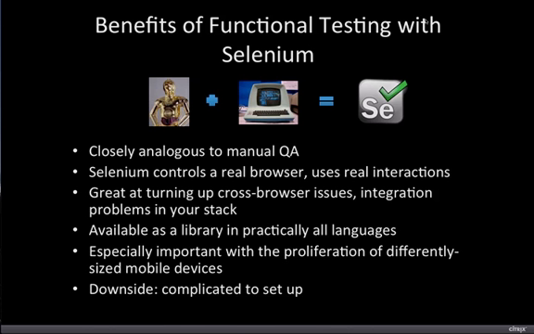Since this webinar is also about mobile testing, I think that functional testing with Selenium is very important, especially for mobile testing, as the number of devices that are out there keeps increasing. And as we just saw with the release of the iPhone 5, screen resolutions keep changing all the time too.